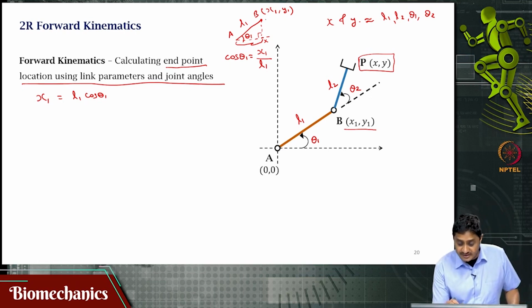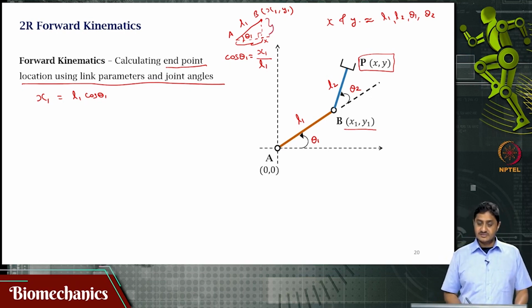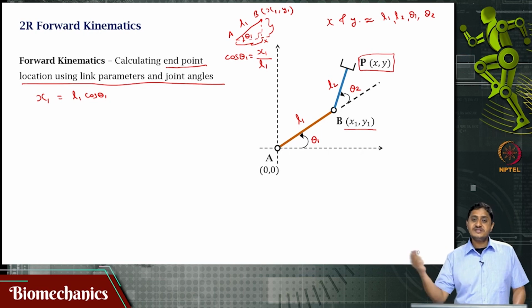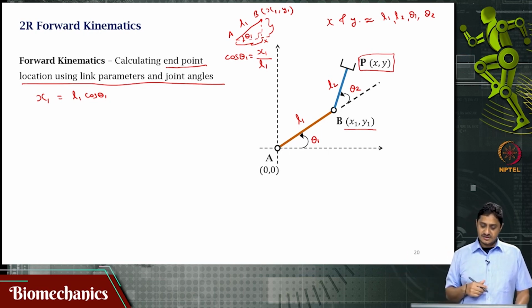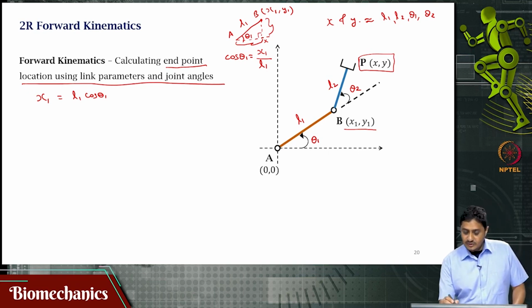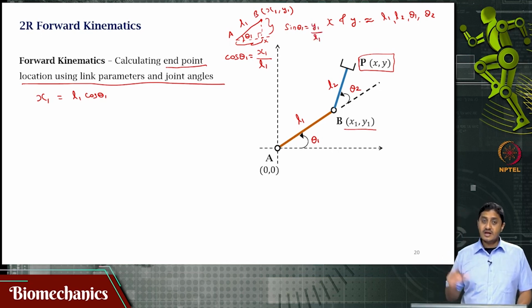Its y coordinate is this, is it not? That is the side opposite to theta 1. Now, I can write out sin theta 1 as y1 divided by L1, is it not? The opposite side divided by the hypotenuse.